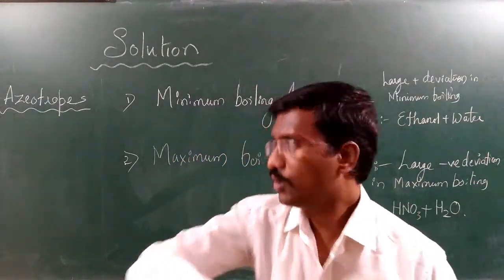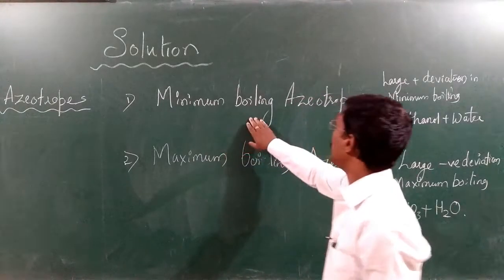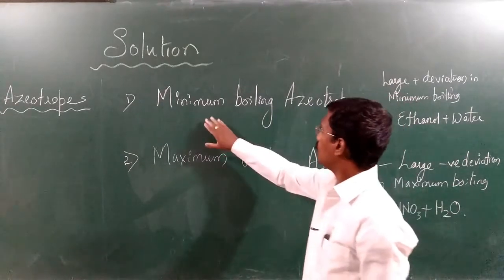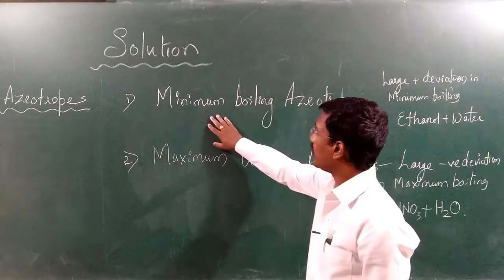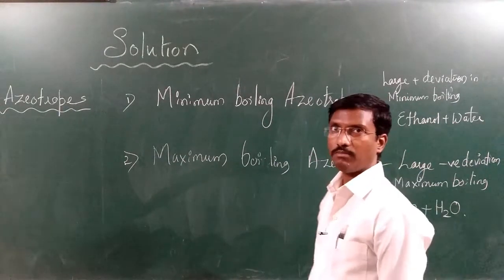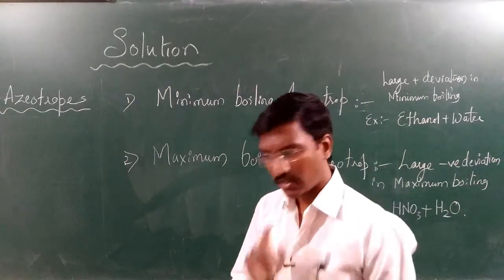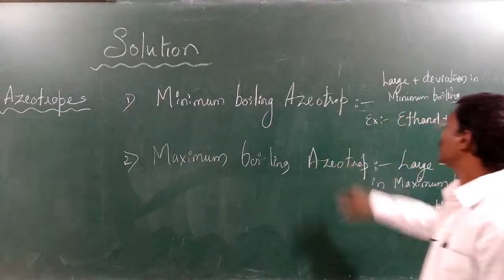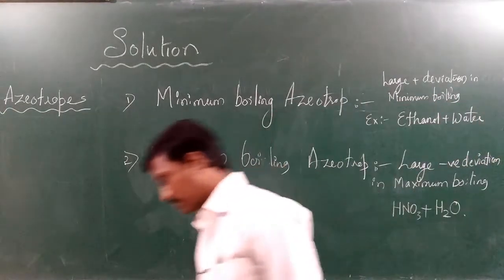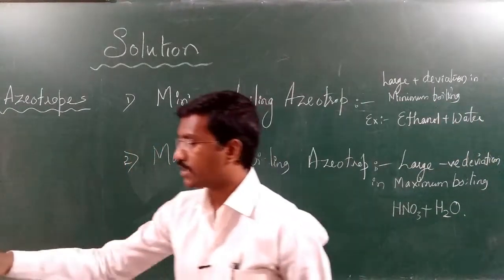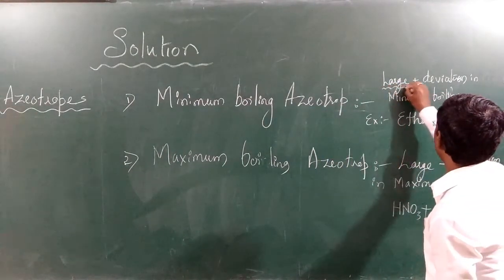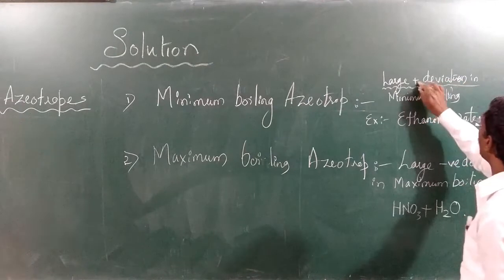Azeotropes are classified into minimum boiling azeotropes and maximum boiling azeotropes. Some azeotropes boil at a minimum temperature, and some boil at a maximum temperature. The minimum boiling azeotropes undergo a larger deviation, and here it is a larger positive deviation.